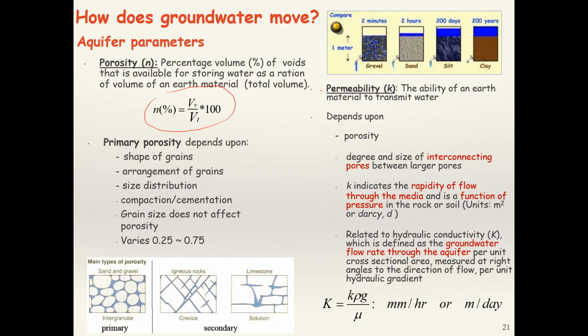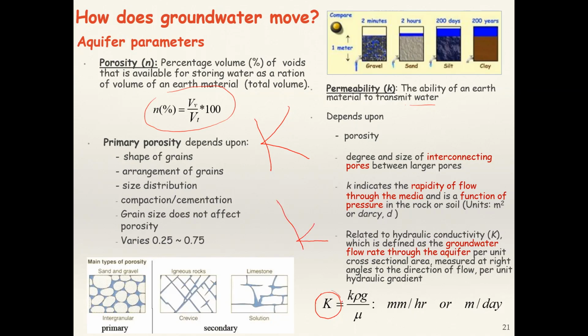As I said, the permeability is the ability of an earth material to transmit water. So the permeability depends only on the properties of the soil. But if you consider the hydraulic conductivity, normally for the hydraulic conductivity we use the capital K. The notation is capital K. Simple k is used for the permeability, right?